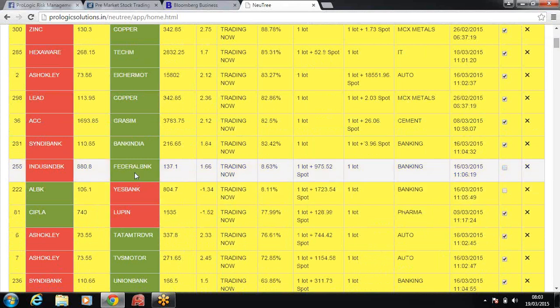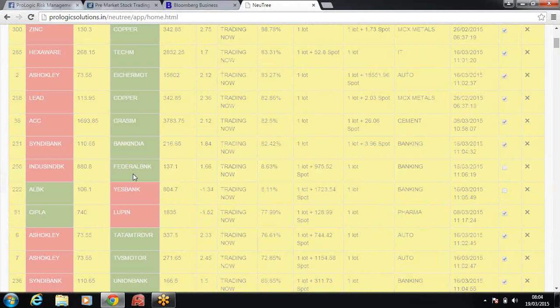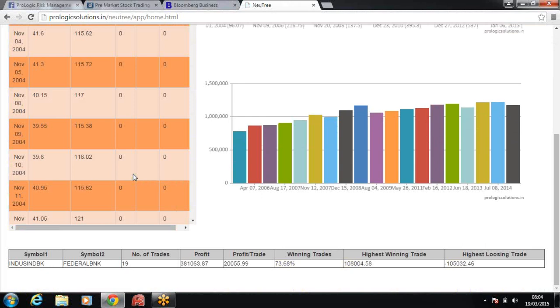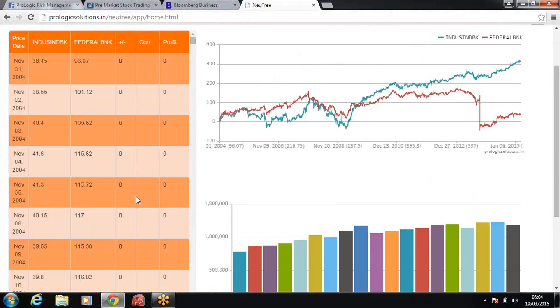So IndusInd Bank and Federal Bank. So that is Federal Bank.